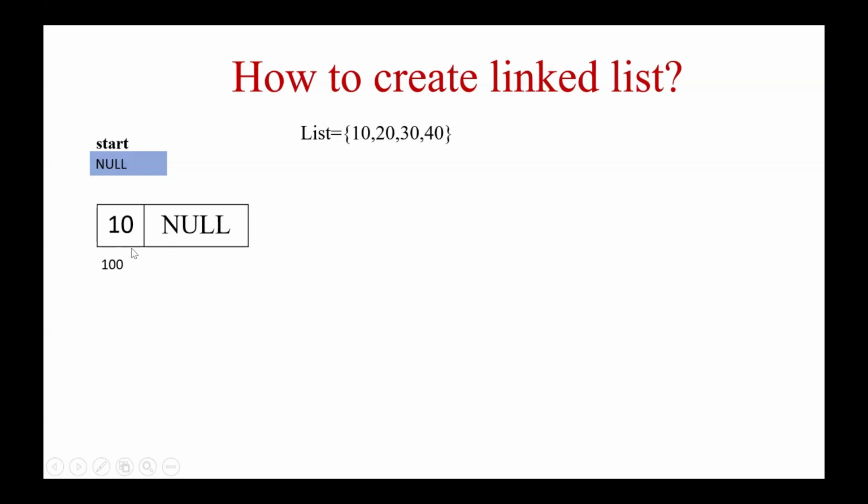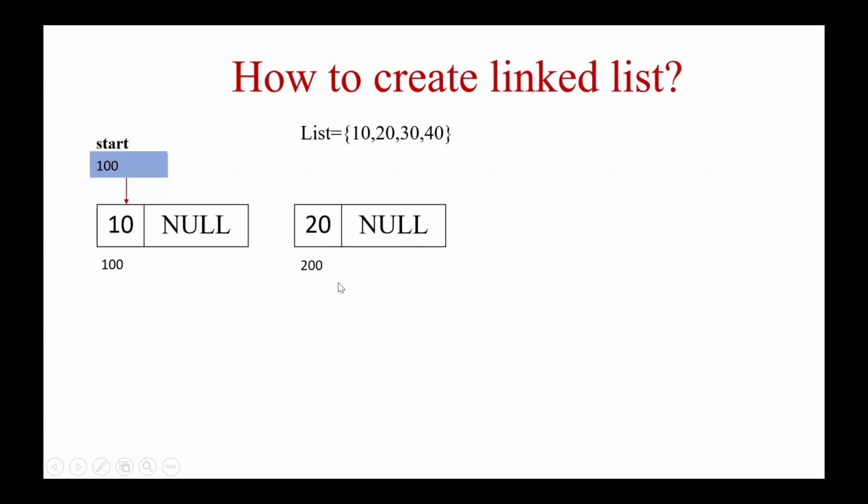Now if we store the address 100 into the start reference pointer, then what happens? The start pointer points to the first node. Now our linked list is created, with only one element. Now for the next element, we have to create another node and store the value 20, and its next pointer points to null.